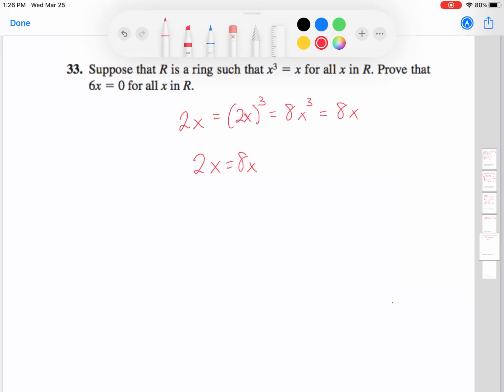How does that help us? Well, let's subtract 2x from both sides. And when we're thinking subtracting 2x from both sides, we're saying to ourselves, I'm going to add the additive inverse of 2x to both sides. It's really what we're doing. And we come up with 0 equals 6x.